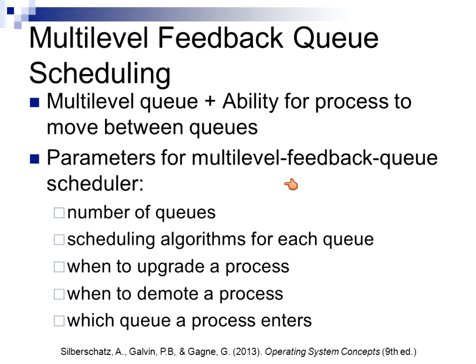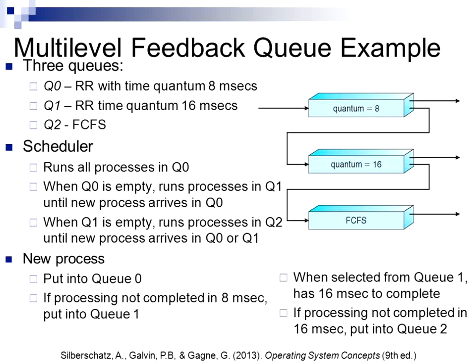So your book also goes through a multi-level feedback queue example, and it shows there's 3 queues. There's a round-robin queue with a quantum of 8 milliseconds. We have a round robin with a quantum of 16 milliseconds, and then we have a first come, first serve queue. So we have 3 queues.